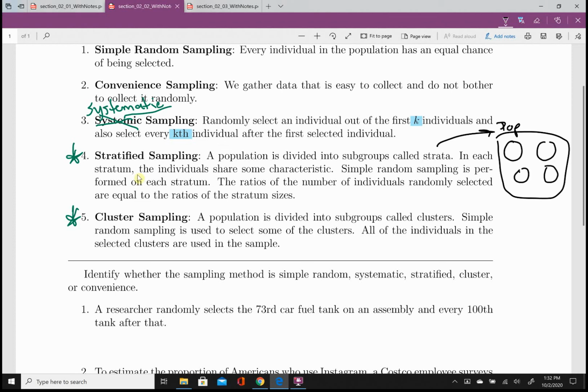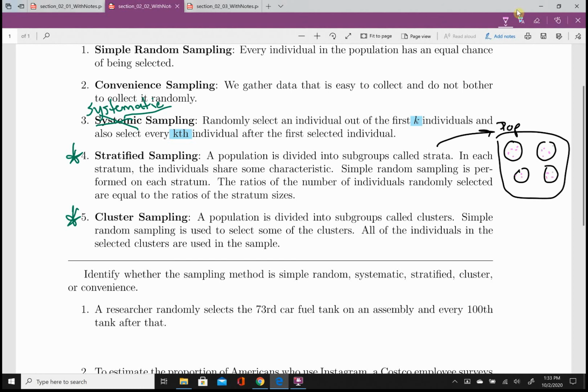Let's say we have 4 strata, and that's what these little circles are. There are individuals in each group, so let's have the individuals be this pink color. 1, 2, 3, 4, 5, 6, and so on.